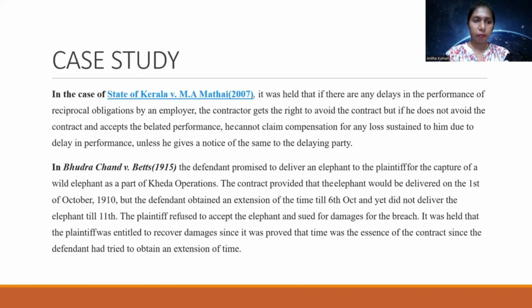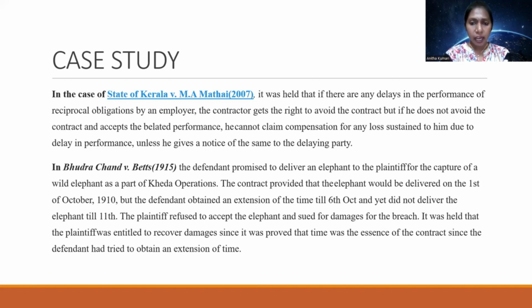So some case studies are given here. In Hirachand Punamchand versus Temple, 1915, the defendant promised to deliver an elephant to the plaintiff for the capture of a wild elephant as part of the Kheda operation.